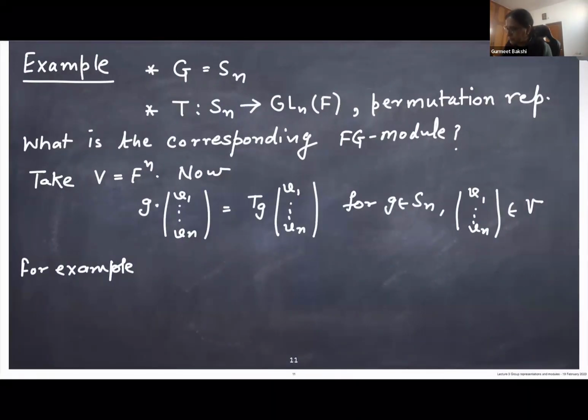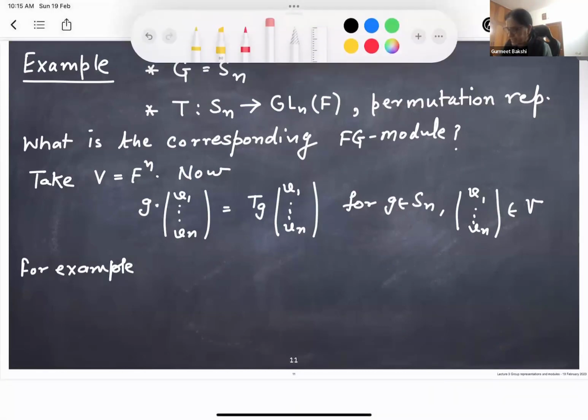For example, let me take an example. Suppose N is 4, and say G is the cycle (1 2 3). Now what is G applied to V1, V2, V3, V4?